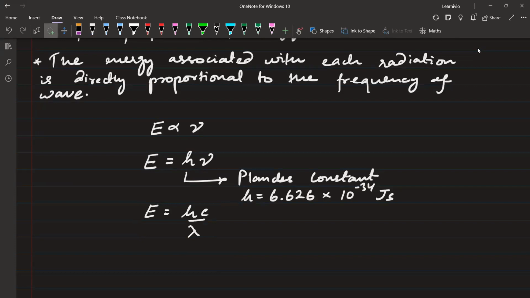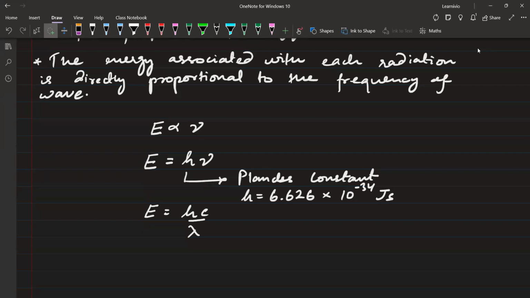Now both of these formulas are for one photon. ठीक है, one quantum. 1 photon के लिए the energy of 1 photon will be equal to hc upon lambda. If I have 2 photons, we will multiply by 2. If I have 3 photons, then you can multiply by 3.